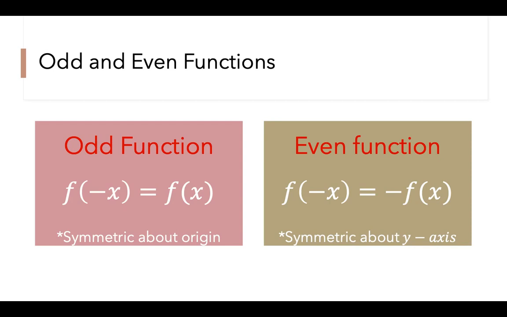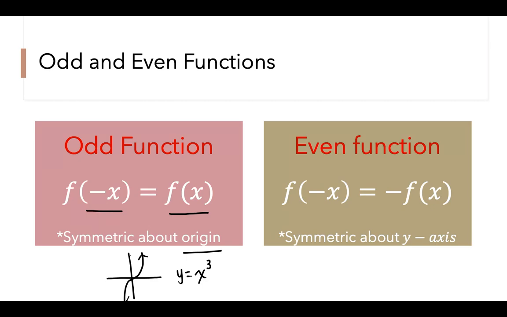Now, what is the difference between odd and even functions? An odd function is when the negative input of x gives the negative of the original function, and they are symmetrical about the origin. An example of an odd function could be a cubic function. So how do you know?